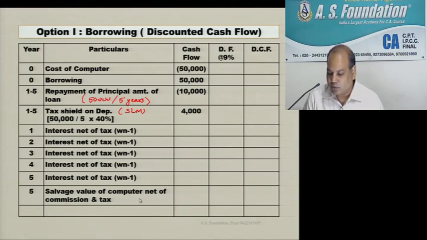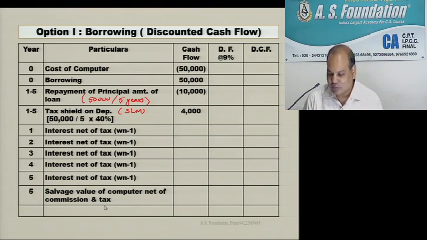Fifth year, write down salvage value of computer, net of tax and commission. Commission will be deducted, that is mentioned. Tax also will be deducted, because salvage value will attract capital gain tax.